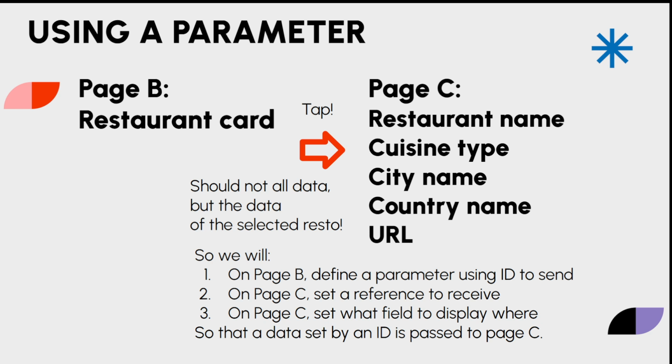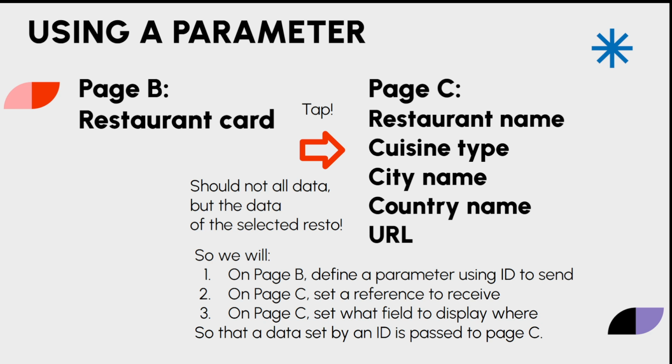Here's the plan. When the user taps a card on page B, we'll send an ID for that specific restaurant over to page C. Then, on page C, we'll set it up to receive that ID. Think of page C as having a background reference waiting for an ID.